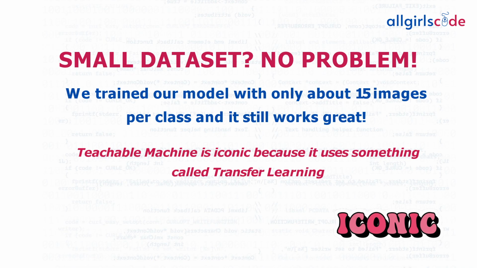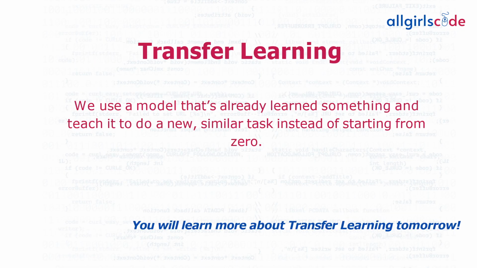That's possible thanks to transfer learning. Transfer learning means using a model that's already learned from millions of examples and teaching it your specific task, like giving a chef a new recipe instead of teaching them how to cook from scratch.